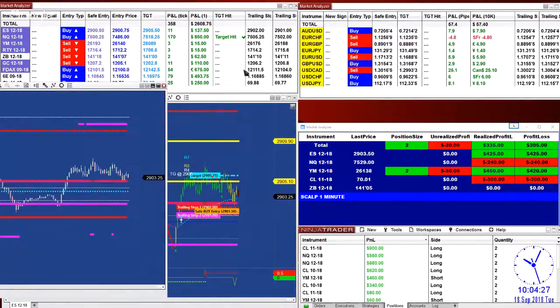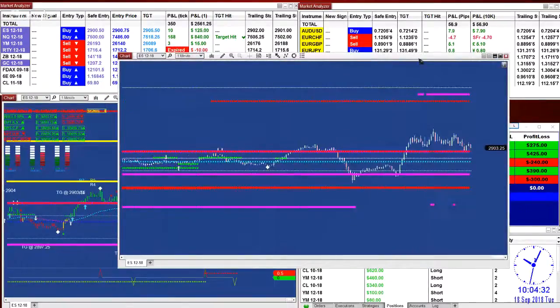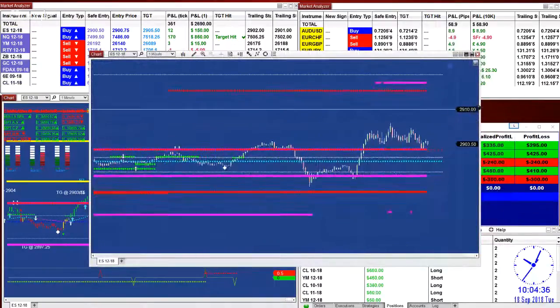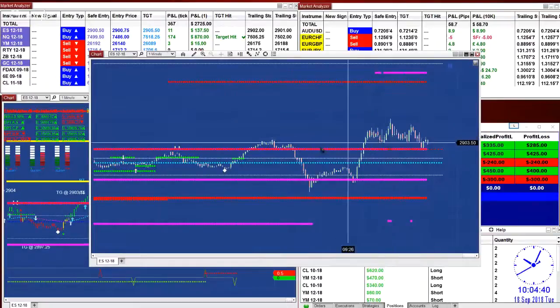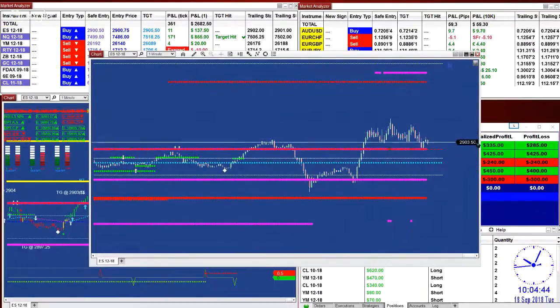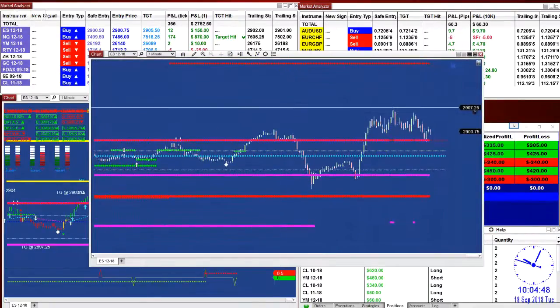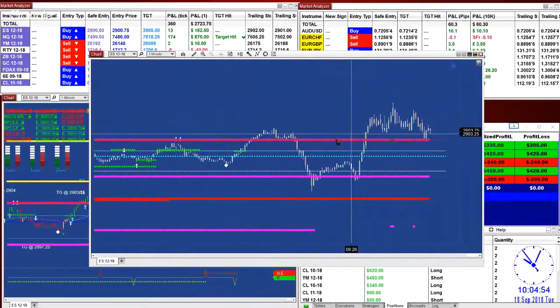Before I trade every day, I always like to look at an empty chart like this one here. I can have a clean picture. This is one of the things most of the auto traders never do. They just turn on the auto trade, whether from us or somebody else.